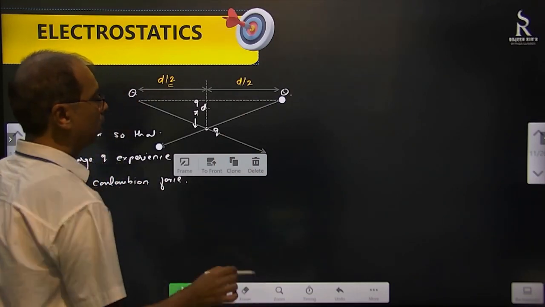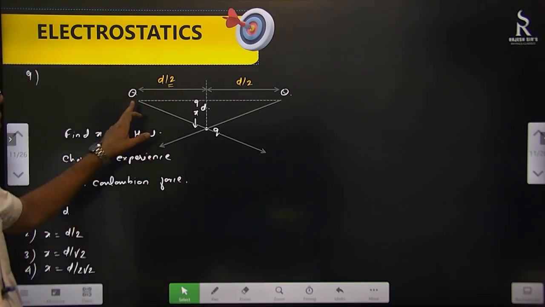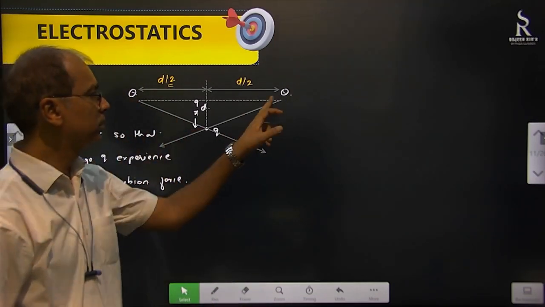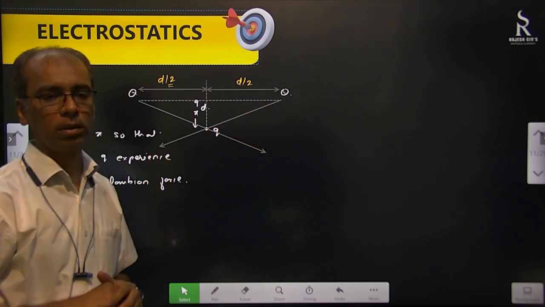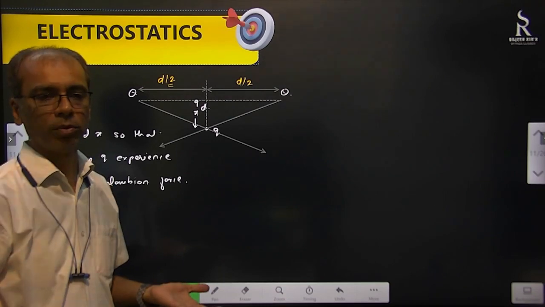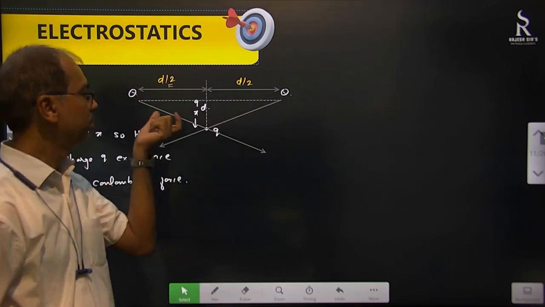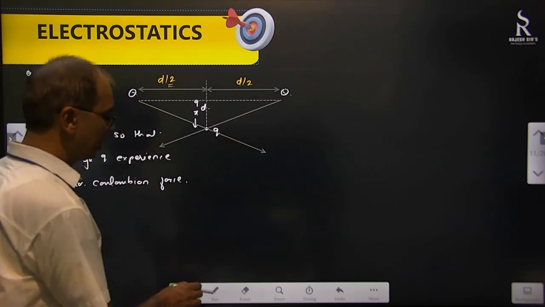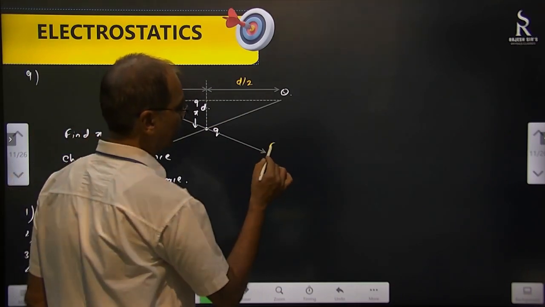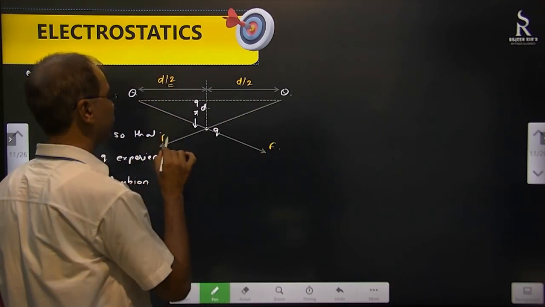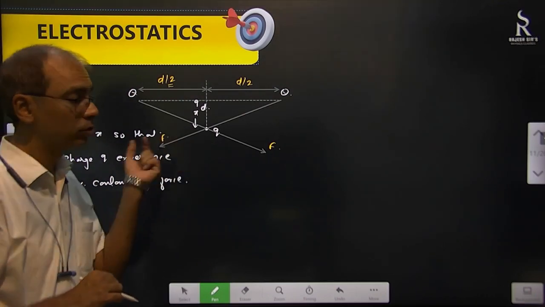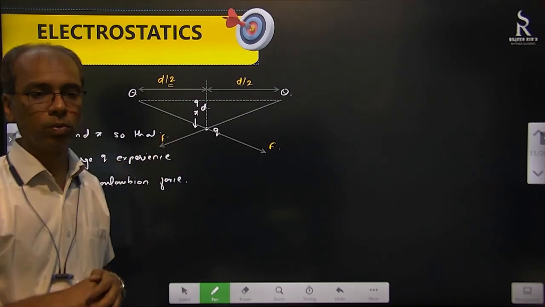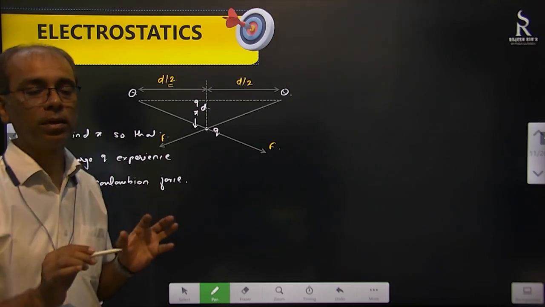Now we know the force on this q because of this charge and the force on this q because of the other charge are equal. Both are symmetrical, this distance is the same. So as usual, I say this force is F and this is also F. Because these are inclined forces, we all know we have to get their components.